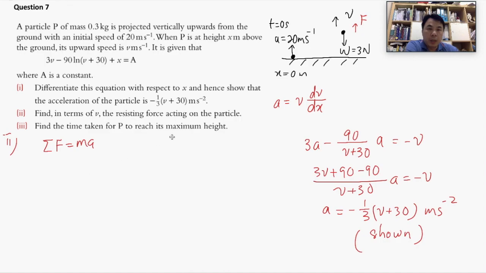And then the resultant force in this case is given by F minus the weight, and then this will produce the acceleration. Its acceleration is negative, that's fine.